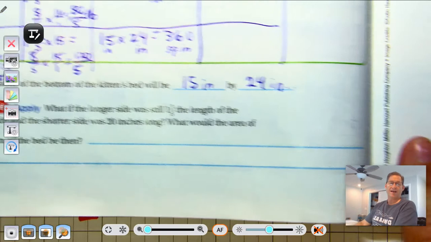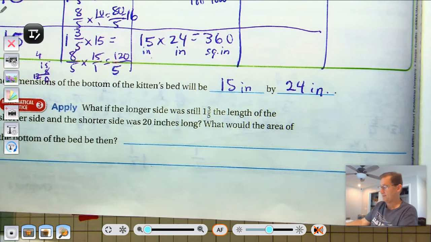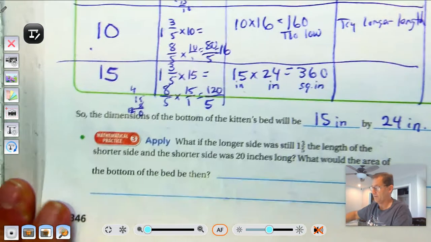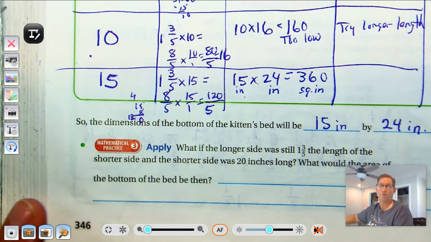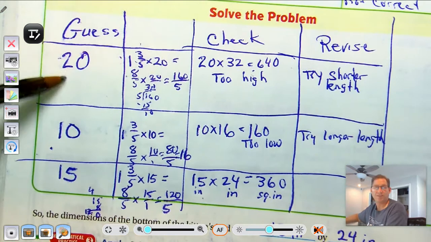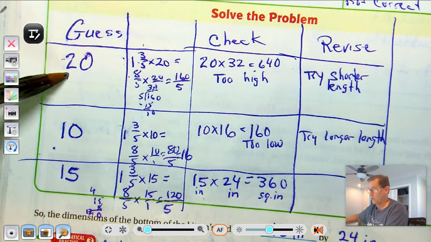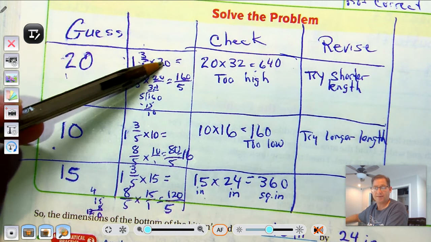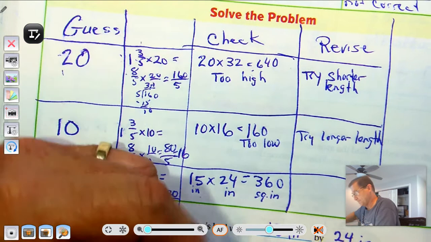What if the longer side was still 1 3/5 the length of the shorter side, and the shorter side was 20 inches long? What would the area of the bottom of the bed be? Oh, that was one of our guesses, 20. So we know that 1 3/5 of 20 was 32.